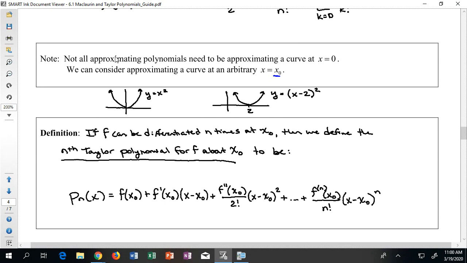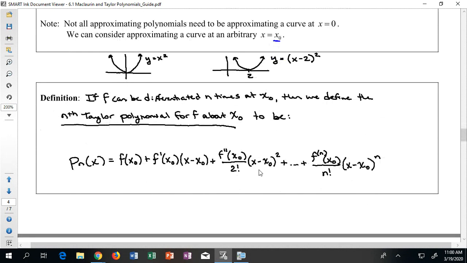And of course, if I wanted to, I could even write this all in a squished down series notation, which would look something like this. I'd have the kth derivative at x0 over k factorial, times (x minus x naught) to the k. So that way, k represents the power that I'm working with. And oops, I'm sorry, I'm not going to go up to infinity. I'm going to stop once I hit n.